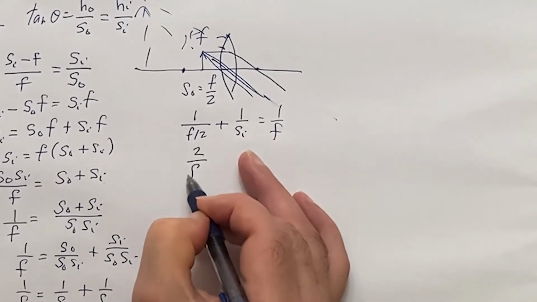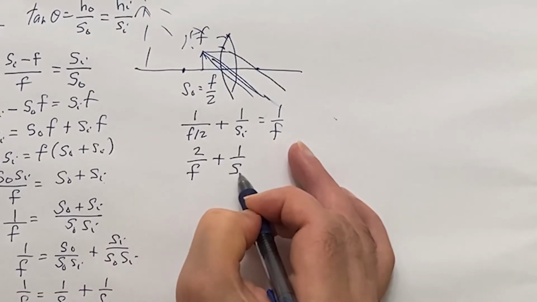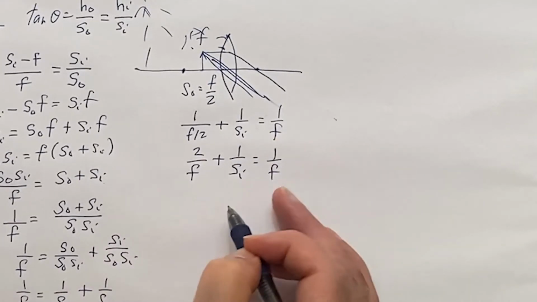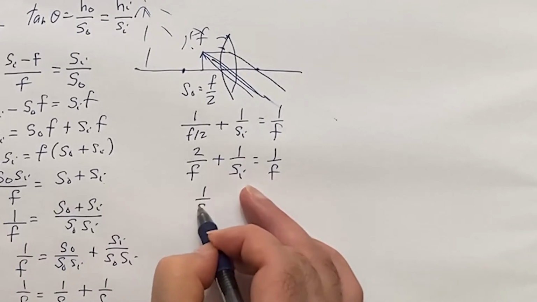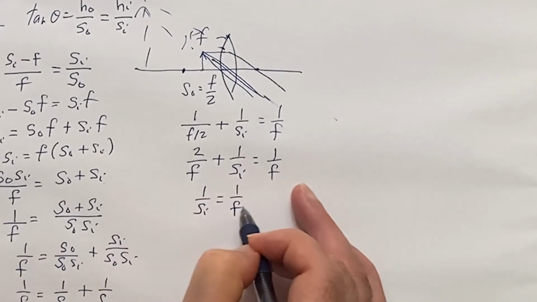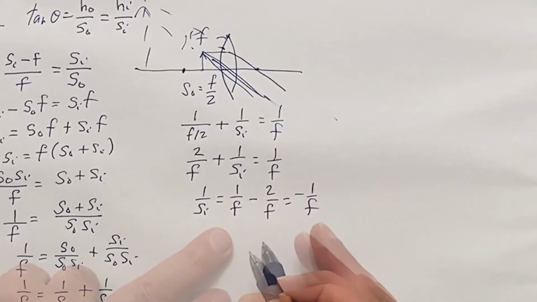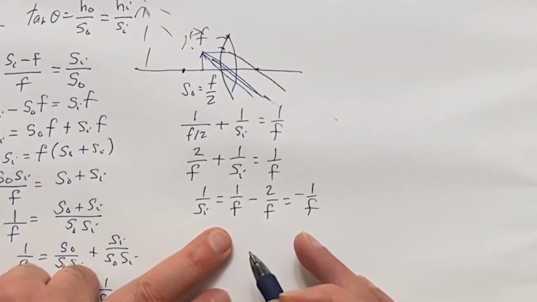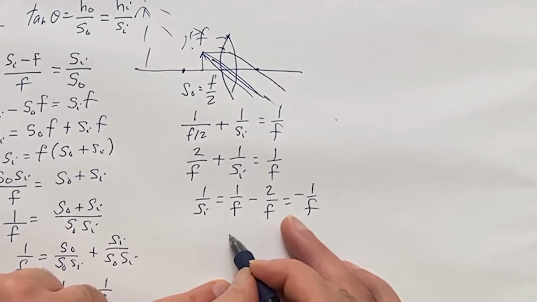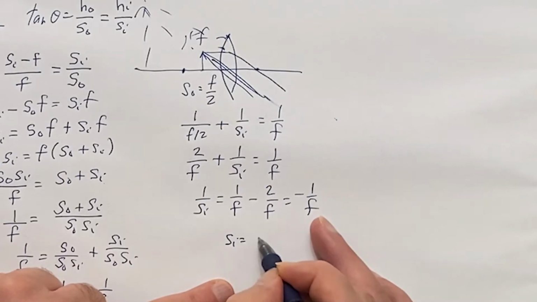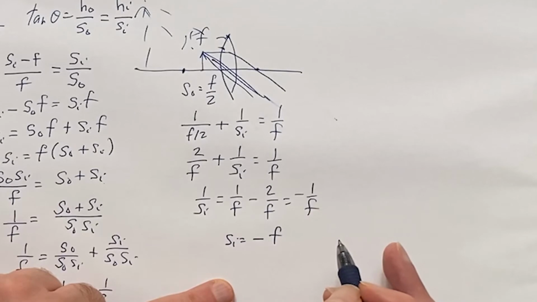So it's just 2 over F plus 1 over SI is 1 over F, and that means 1 over SI is 1 over F minus 2 of those. That's going to be a negative 1 over F. Oh, wow, that's weird. That's going to be at minus F.